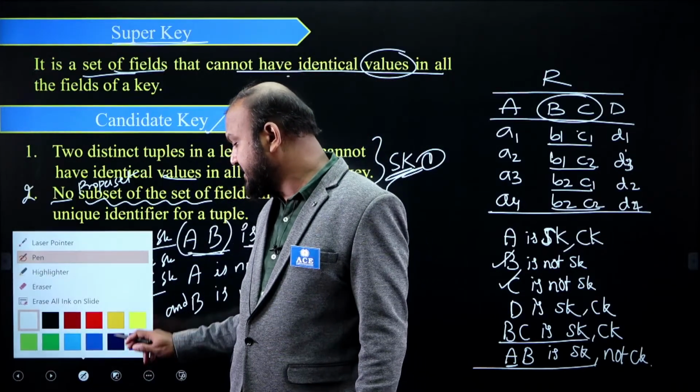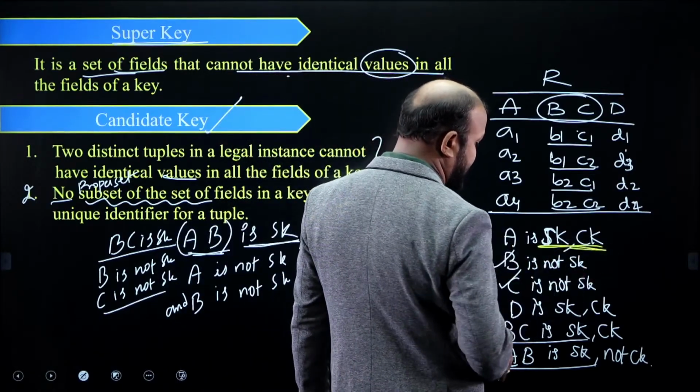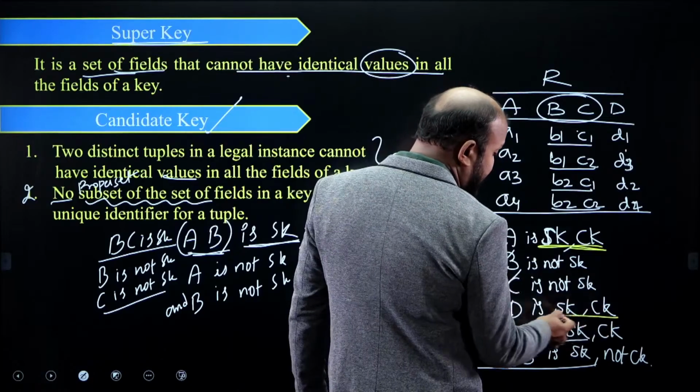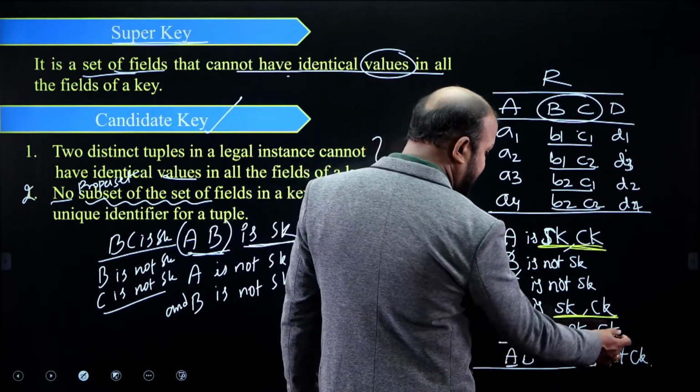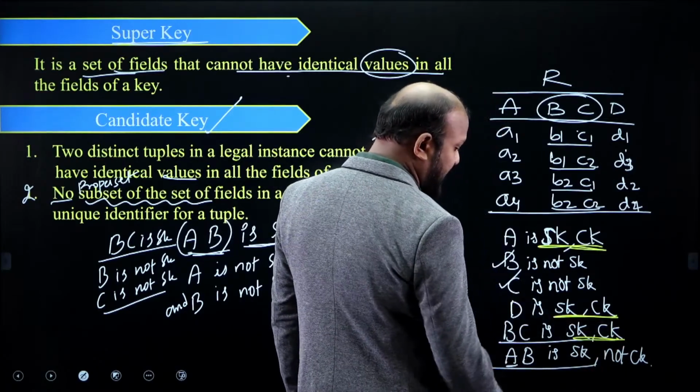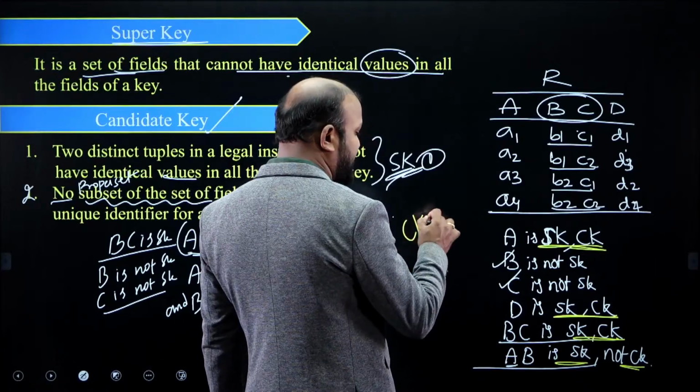Right? Now, you observe one point. A is a candidate key as well as a super key. D is a candidate key as well as a super key. BC is a candidate key as well as a super key. AB is a super key but not a candidate key. Which means, what are the candidate keys for this relation?